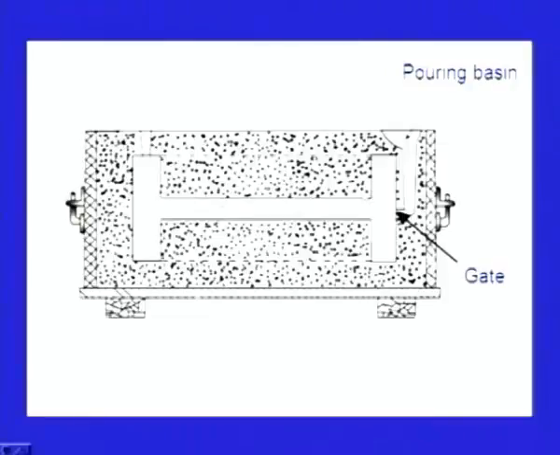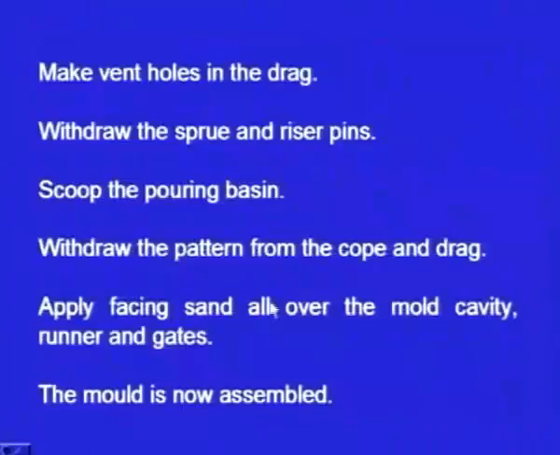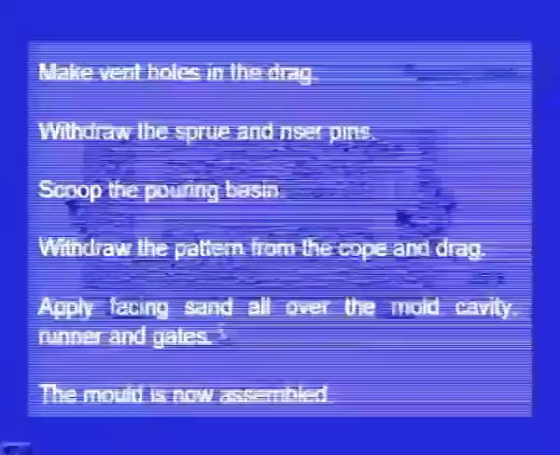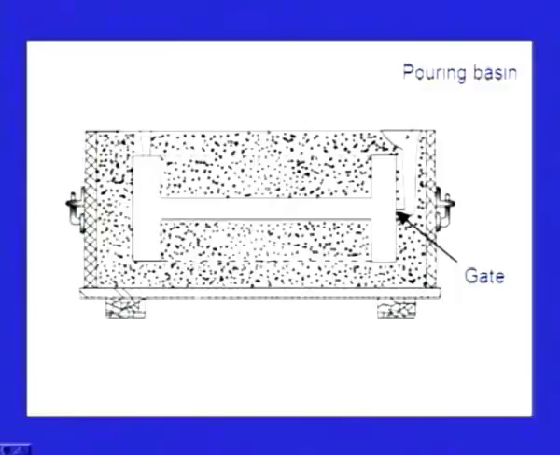It is rough because we have used a wooden pattern, because we have used molding sand. So there will be facing sand, fine sand. That sand will be applied on the surface so that the surface of the cavity will be improved.